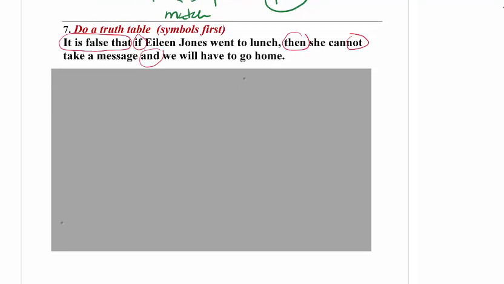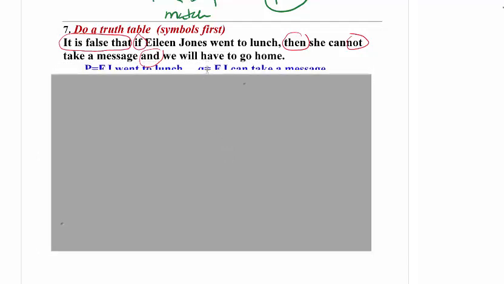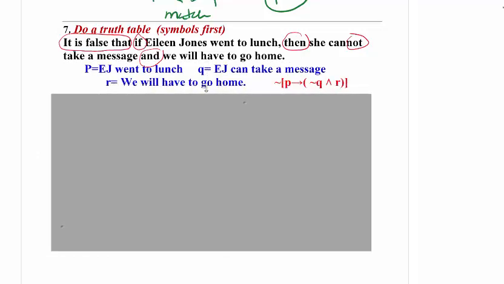So first thing I would do is circle the keywords that you see in here, your logical connectives. You notice that we have "it is false that," which is going to give us that negation on the outside.